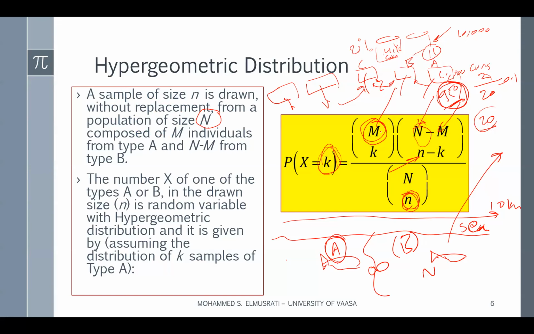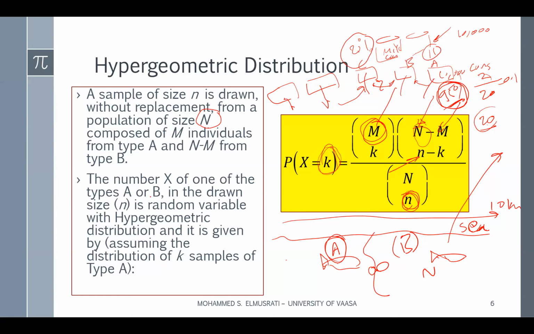So we have M from kind A and N minus M from kind B. Here in this example, every shipment has 10,000 cans. So M will be 2,000 because 20% will be 2,000. N minus M will be 10,000 minus 2,000, which is 8,000.